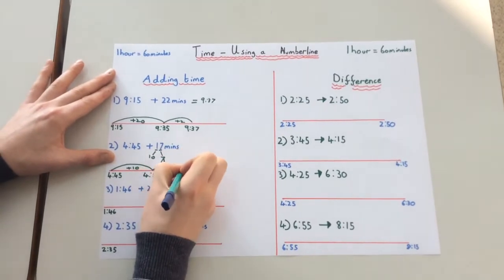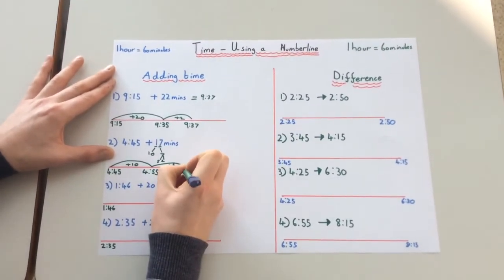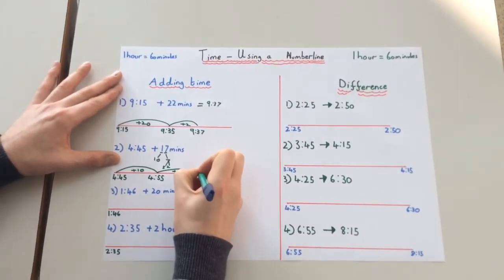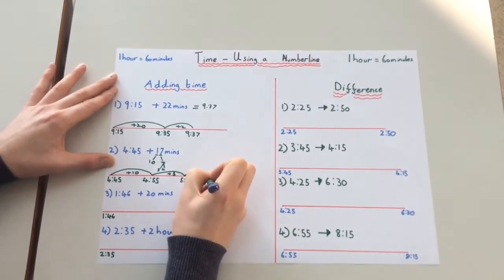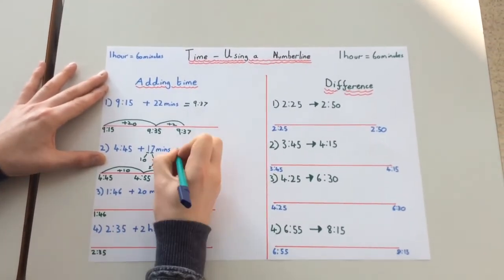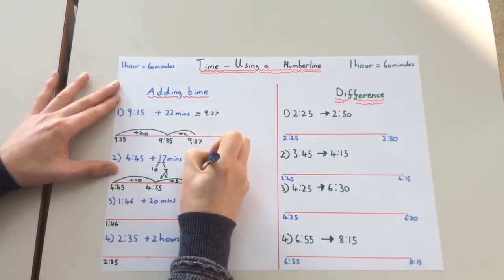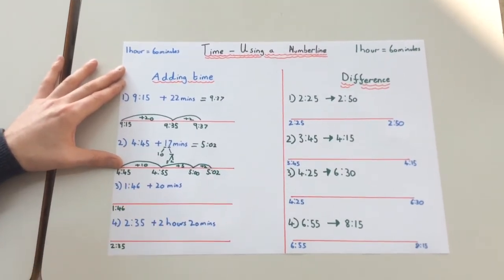So if I add the 5 to start with, it becomes 5 o'clock. And then I have 2 more to add. It is 5:02. So the answer here is 5:02.